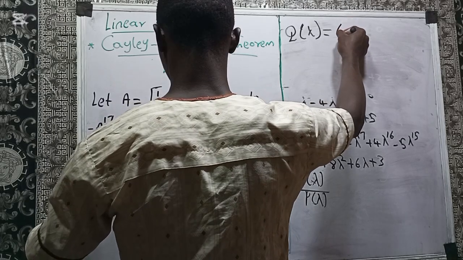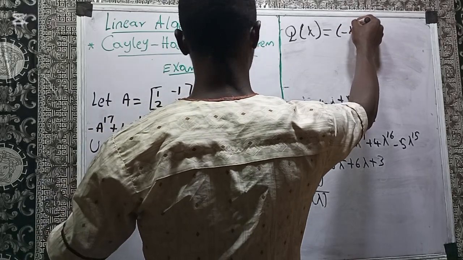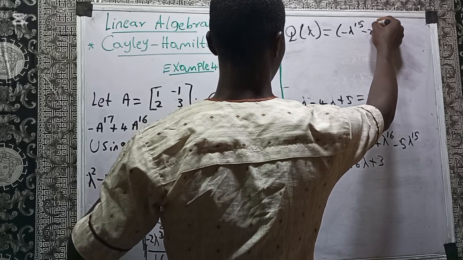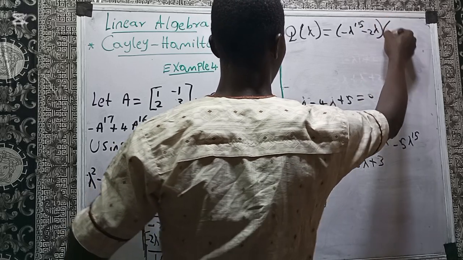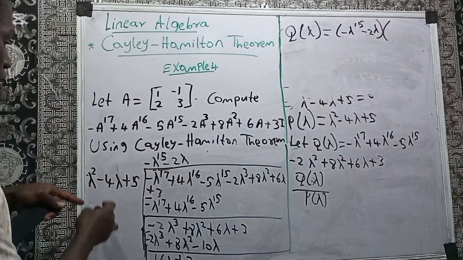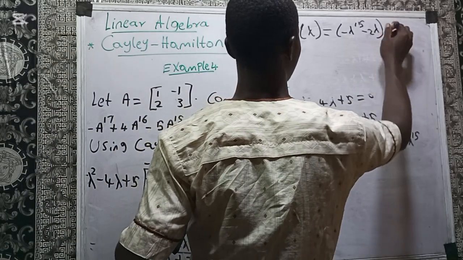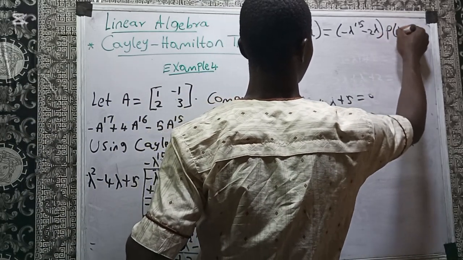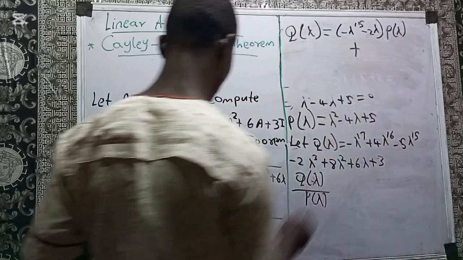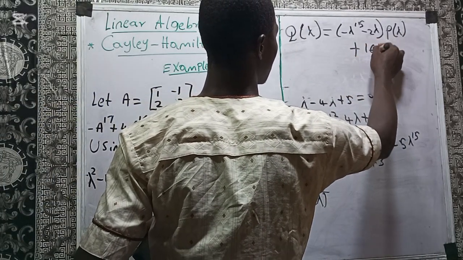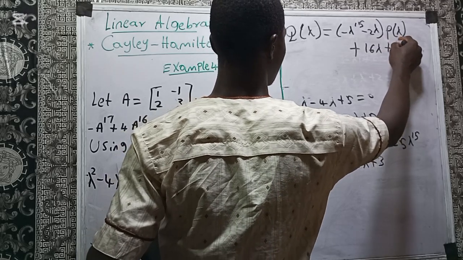What's the quantity we got here? We got negative lambda raised to power 15 minus 2 lambda, then multiply by the divisor, that's P of lambda, plus the remainder 16 lambda plus 3.